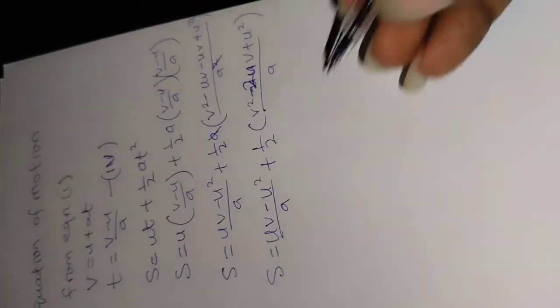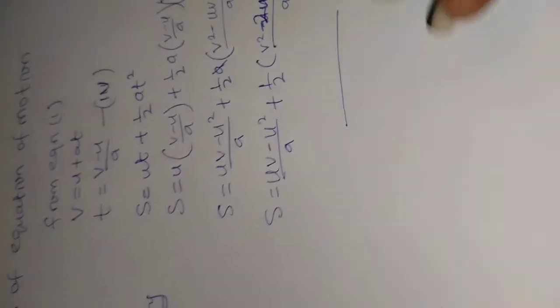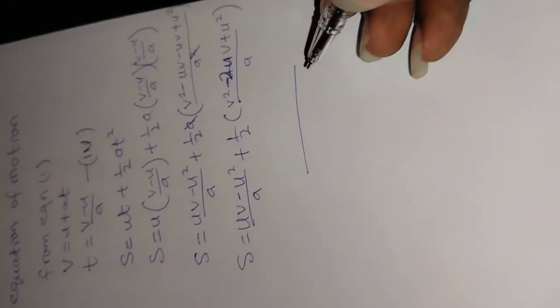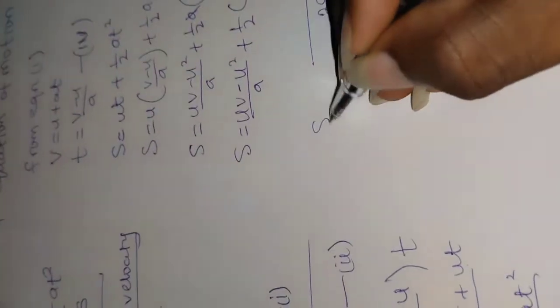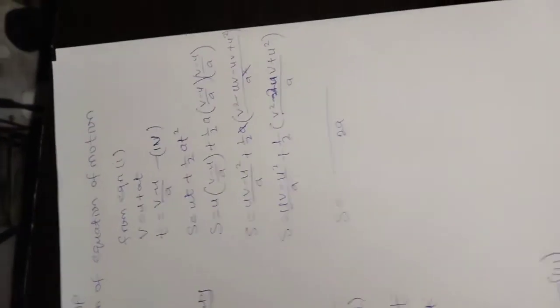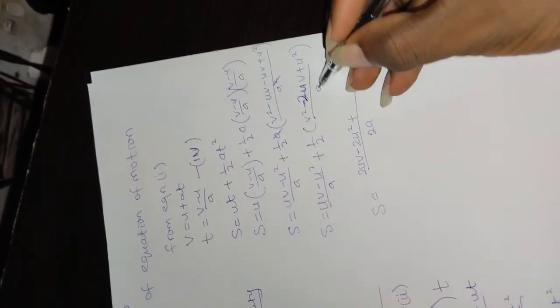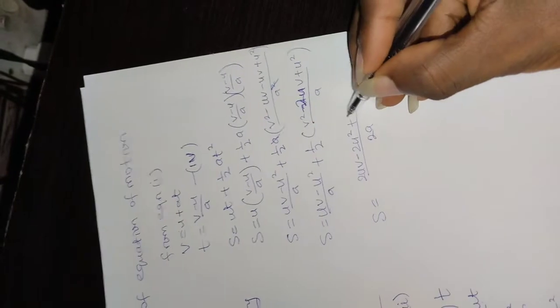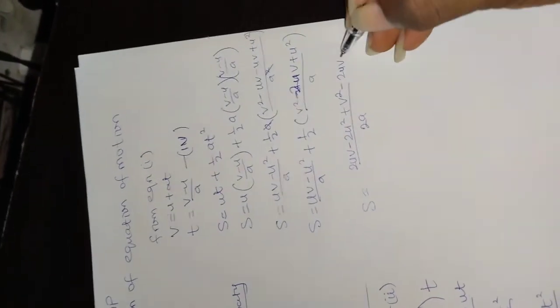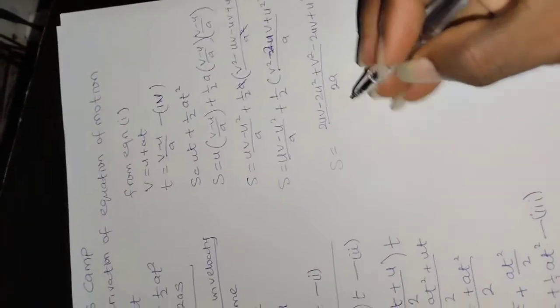When we have a fraction, the next thing to do is to find the LCM. The LCM of a, 2 and a is 2a. So a into 2a is 2, so 2 multiplies this, giving 2uv minus 2u squared, plus a into 2a, that is 1, so everything here is v squared minus 2uv plus u squared.